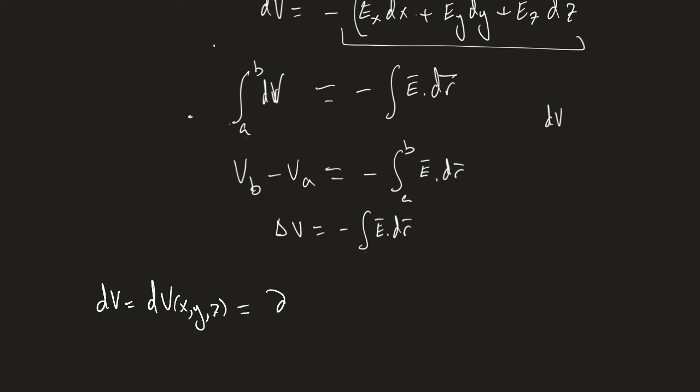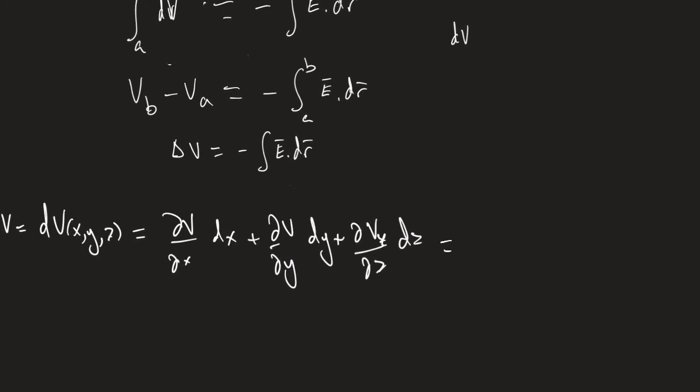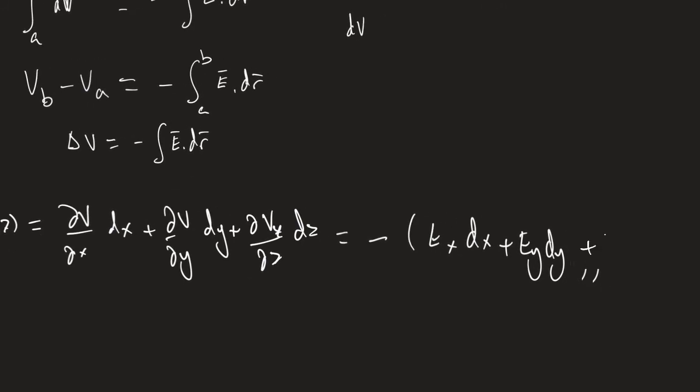So dV is the derivative of V with respect to x dx plus the derivative of V with respect to y dy plus the derivative of V with respect to z dz, and this is equal to minus Ex dx plus Ey dy, etc., plus Ez dz.